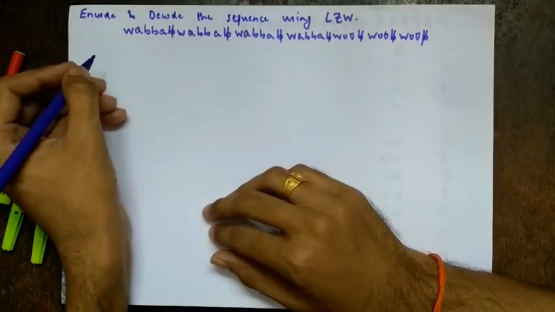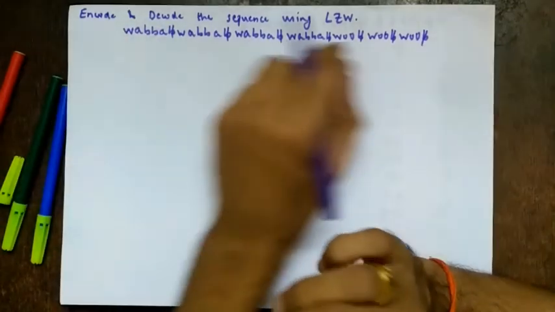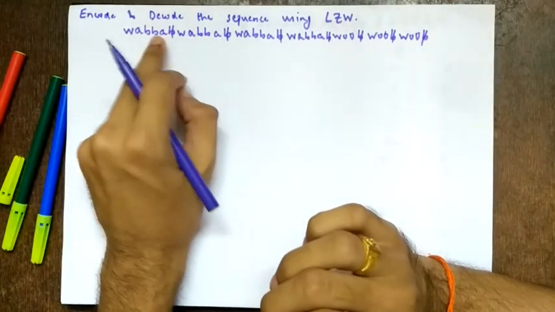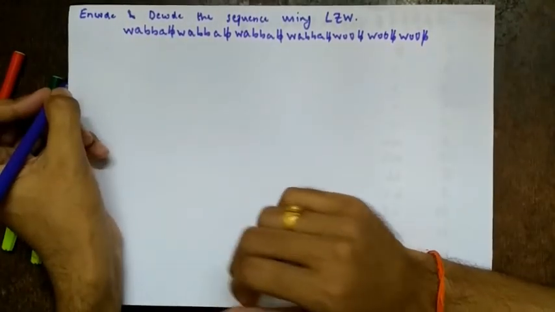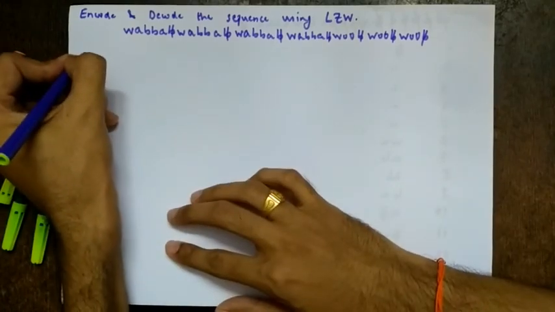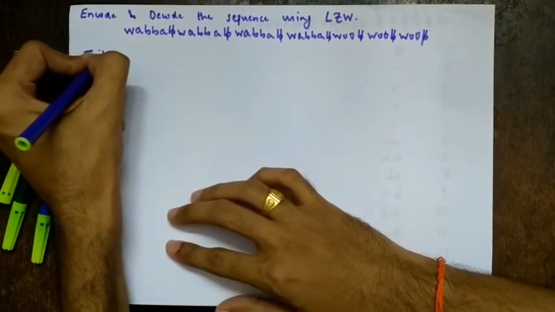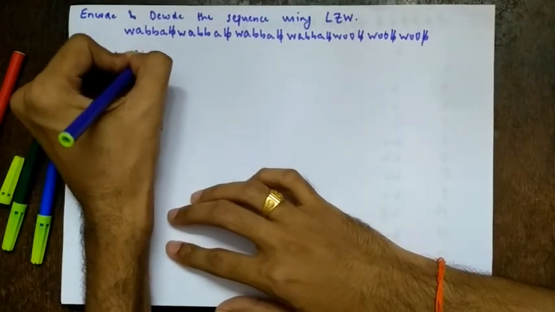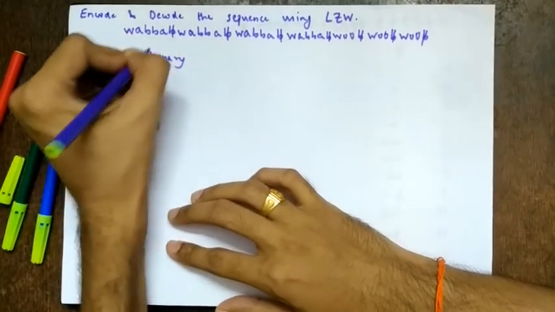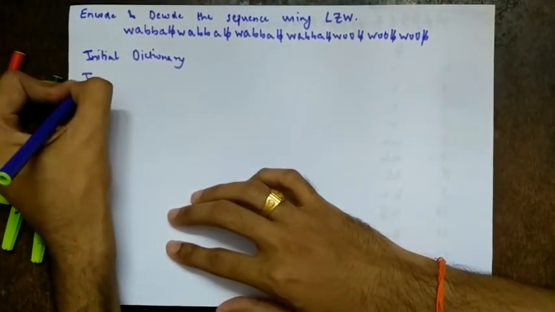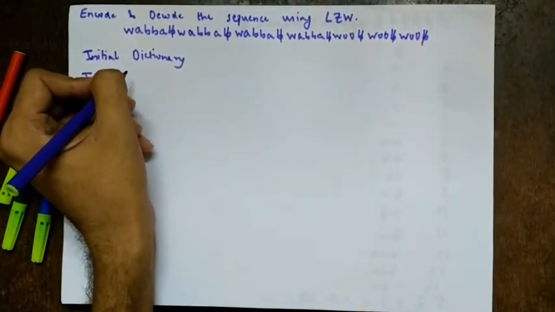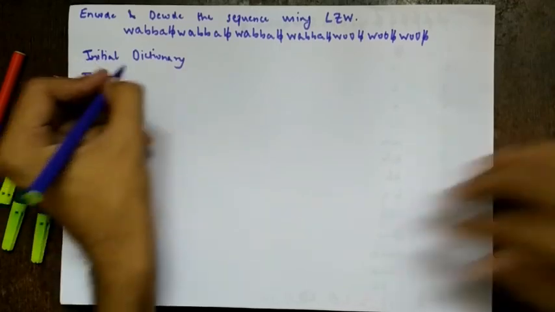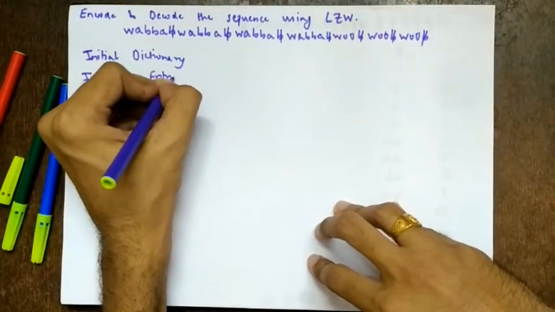As opposed to the LZ78 technique, here the sender, who will be sending this sequence, will be knowing the sequence, right? So we'll be knowing the unique alphabets in the sequence. From that we can construct the initial dictionary. So the first step is to construct the initial dictionary. Here we have the index, and on the right side the dictionary entry.